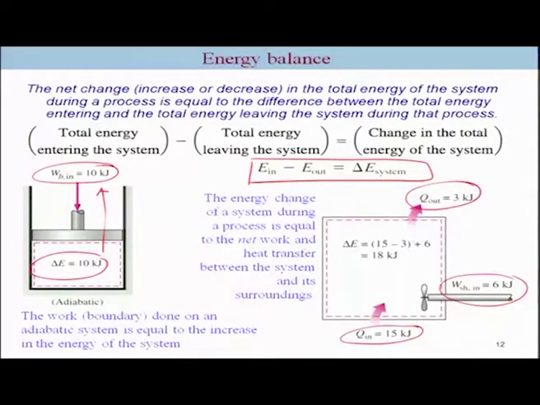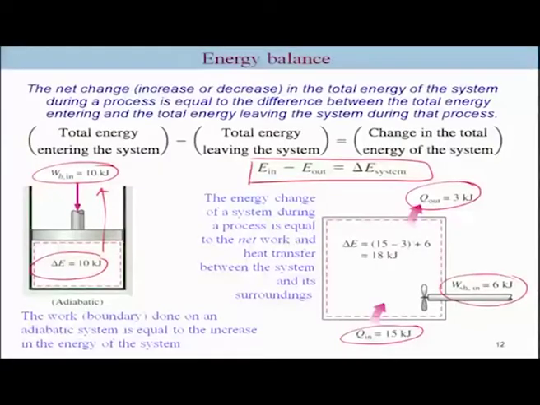Now, this is where one has to consider whether to directly use a standard sign convention or simply the sign of this. For the simple way, of course, we know that Q in is 15, plus 6 minus 3, that means heat in, work in, minus heat out, will be equal to the change. That is one way of looking at it. So this is total energy entering, and this is the total energy leaving the system.